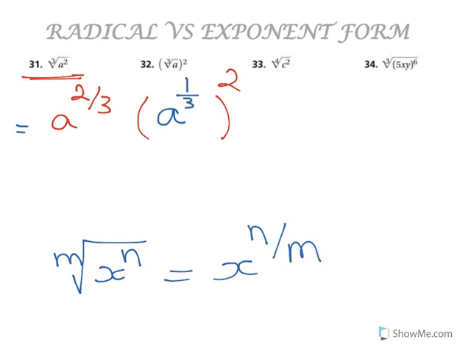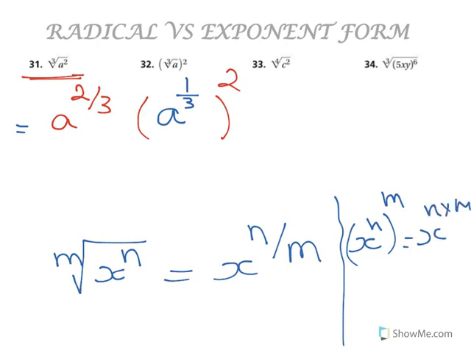Yeah, a to the power 1 over 3. But then you remember also we learned another rule, which is x power n, all power m, equals x power n times m. So you multiply the powers. So this one will be a to the power 1 over 3 times 2. So it's a to the power 2 over 3.